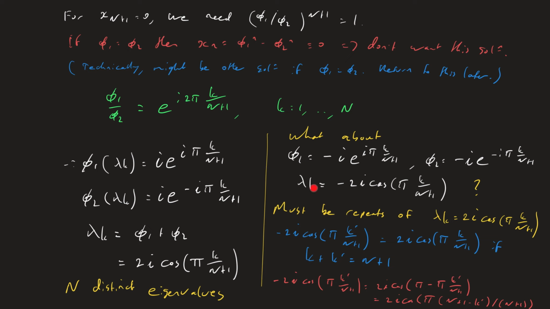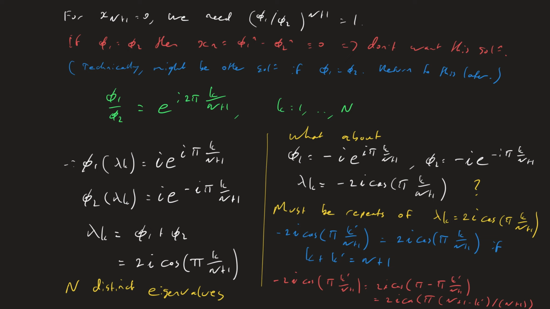For each value of k, this lambda k must somehow be equal to one of the eigenvalues we found over here. So if we call this lambda k prime and this one lambda k, then for each k prime we need to be able to find a k such that the lambda k over here, defined this way, is equal to lambda k prime over here, defined this way.